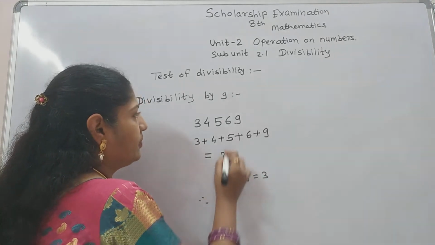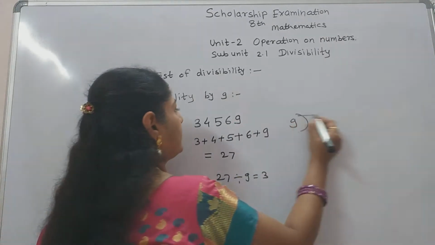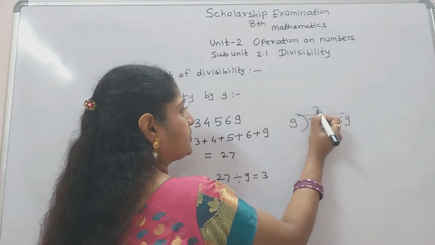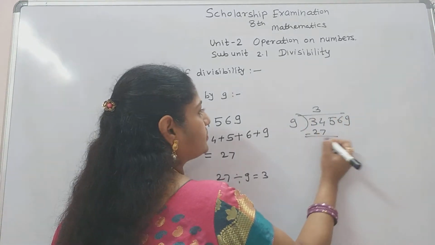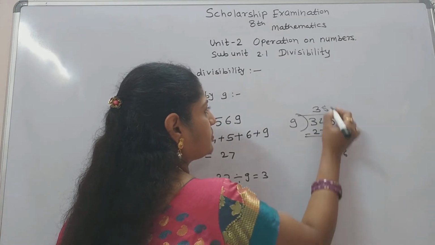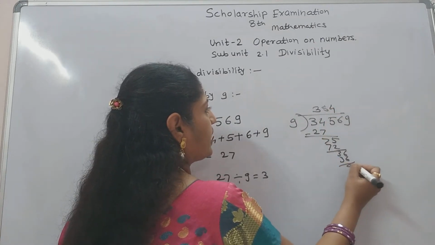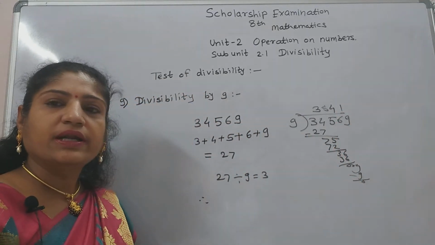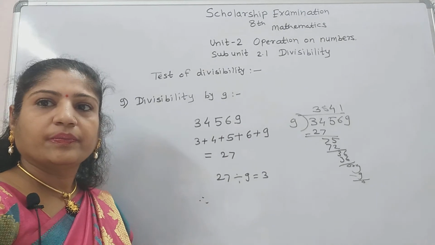So this number is divisible by 9. Check it. 9 ones are 9. So this number is completely divisible by 9.